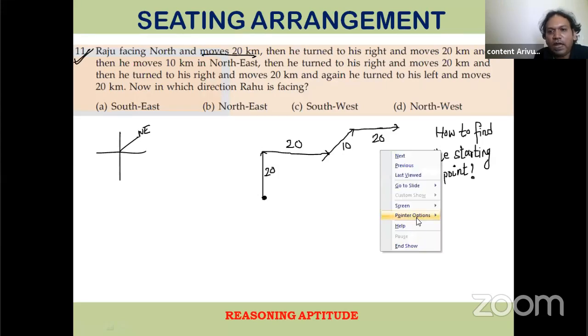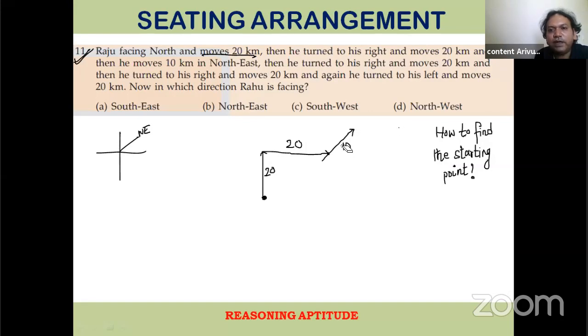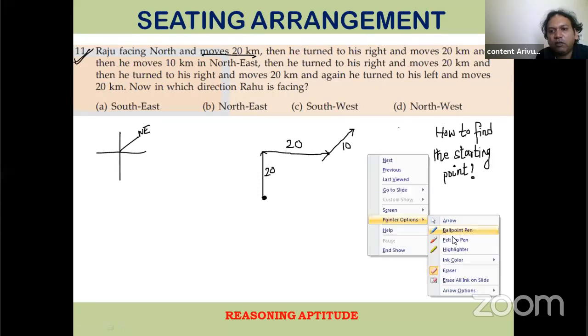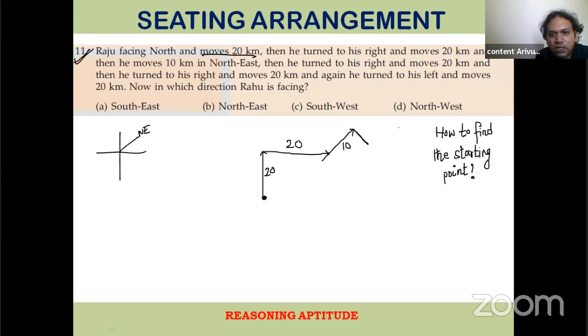Turning right means turning exactly 90 degrees. So if he turns to his left and moves 20 kilometers, which direction is he facing? The answer would be northeast.